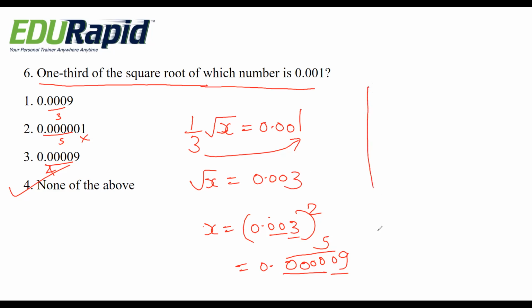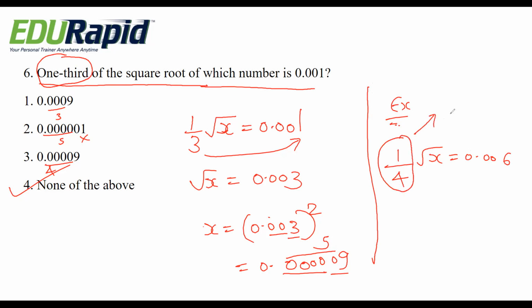Sometimes in the exam they may ask like this: what is 1/4 of the square root of that number is 0.006. Here they asked 1/3. Sometimes they may ask 1/4. This is the example problem. Same method: 0.024 it becomes when 4 multiplies with 0.006.